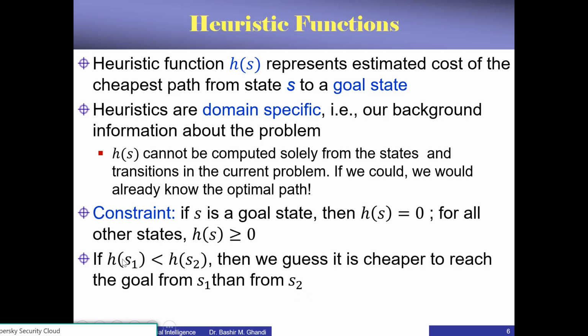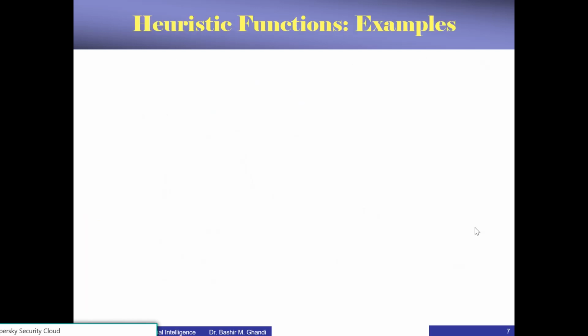So if the heuristic function tells you the cost from S1 to the goal is some value which is less than the cost from S2 to the goal, then it should be cheaper to follow S1 rather than go through S2. Let us give examples of heuristic functions so that you can have a better feeling of what they mean.